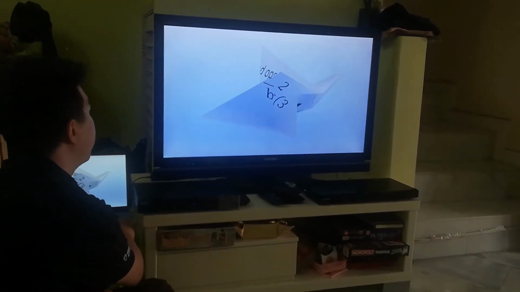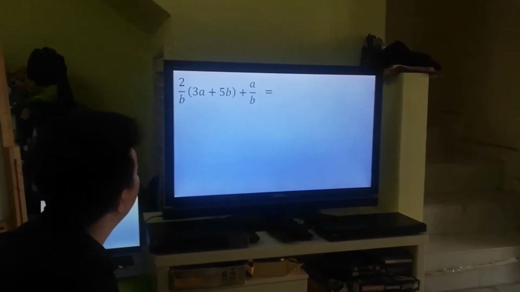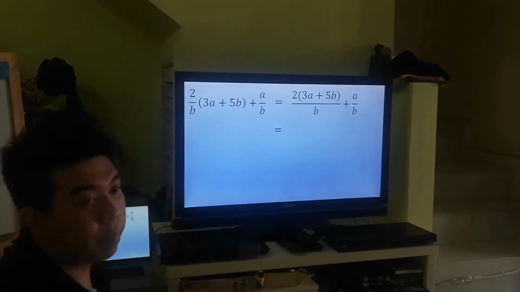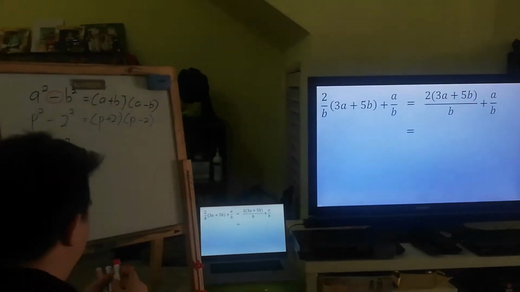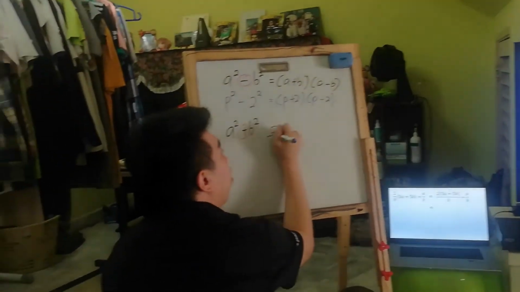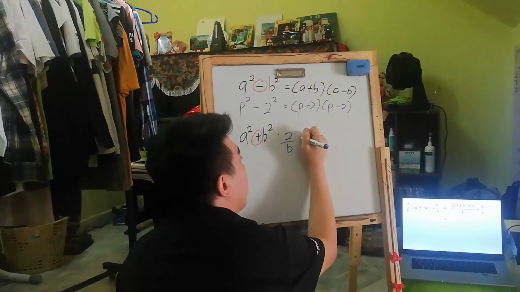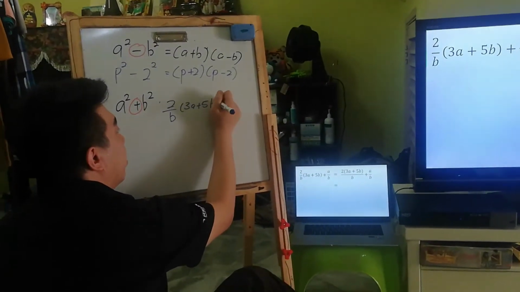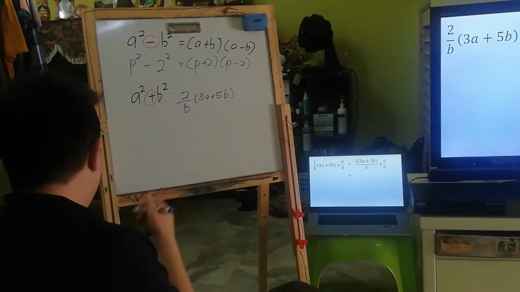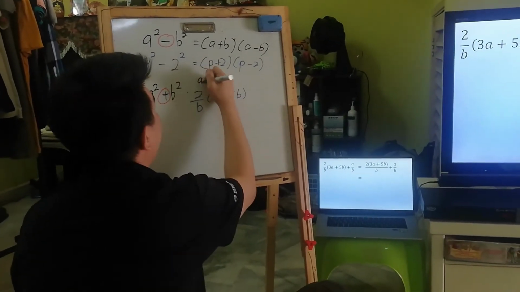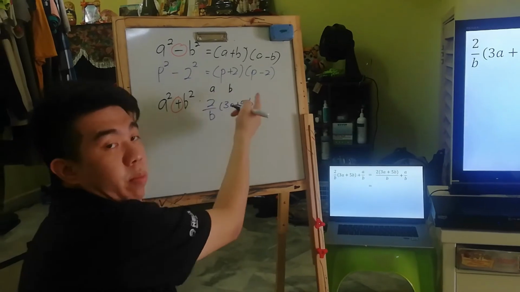Next. So as I said earlier, 2 over b, 3a plus 5b. Let's look at this expression first. This one is the same concept as a and b. This one is a and this one is b, so it's a times b.